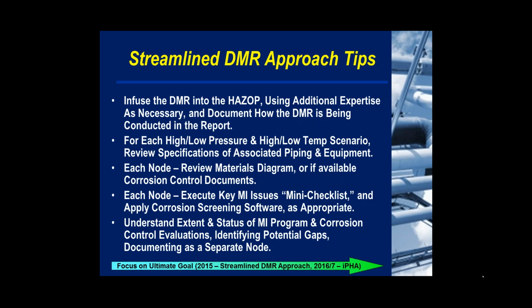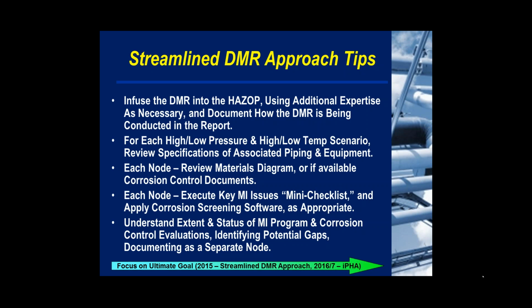So a couple of tips on a streamlined approach right now. This is something that we do for our clients when they allow us to do this: start addressing the spirit and context of DMR requirements now in terms of a streamlined approach. The idea is that we infuse DMR into the HAZOP. Of course, you need to get some additional expertise.